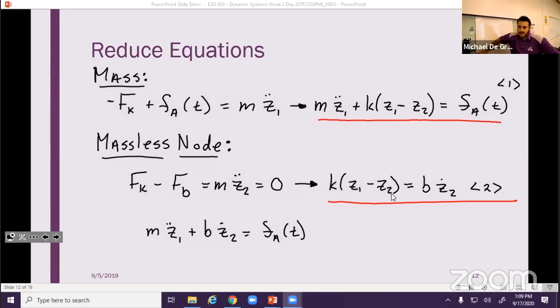Because the question was asked, what if K was where B was and B was where K was? What if I flip my damper and my spring? Well, you get a slightly different result, because now this becomes KZ2, MZ1 plus KZ2. So it's a slightly different equation with a slightly different set of dynamics. Slightly.